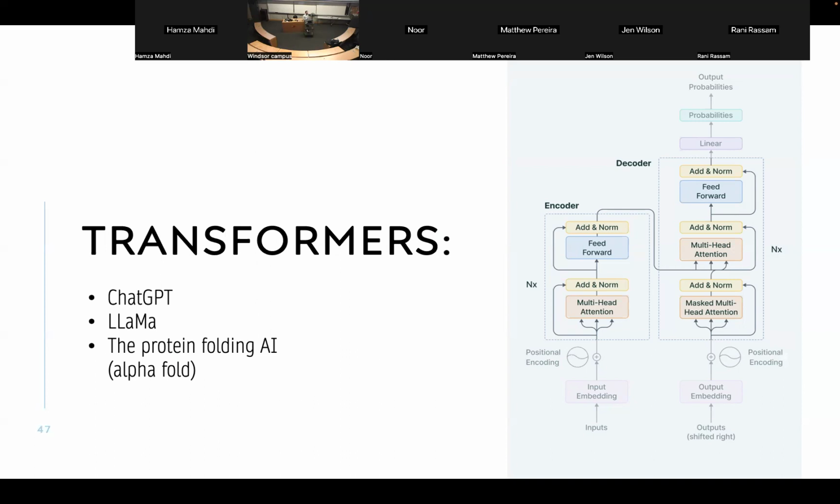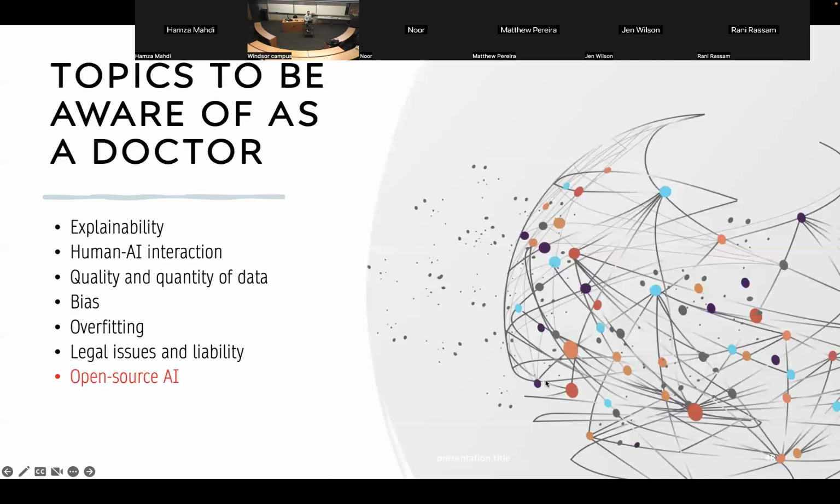People used to train transformers on pretty small models and it worked well, but then someone at OpenAI had the idea of what if we make it into billions of parameters, and we got ChatGPT as a result. But yeah, it's just good to know what the word transformer is.